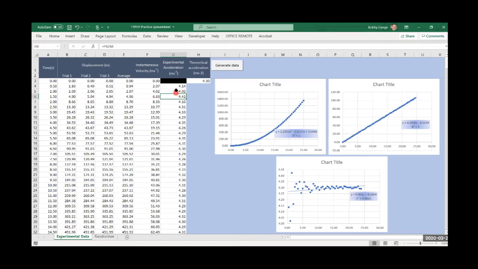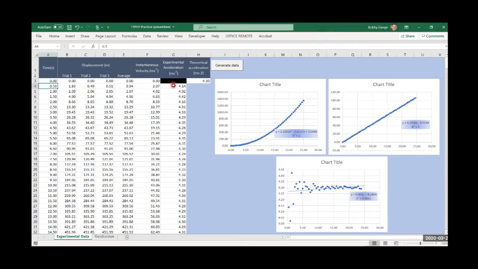Now, if I look at my experimental acceleration, acceleration is the change in velocity over the change in time. Here it says the experimental acceleration is F4 divided by A4, so it's just velocity divided by time.